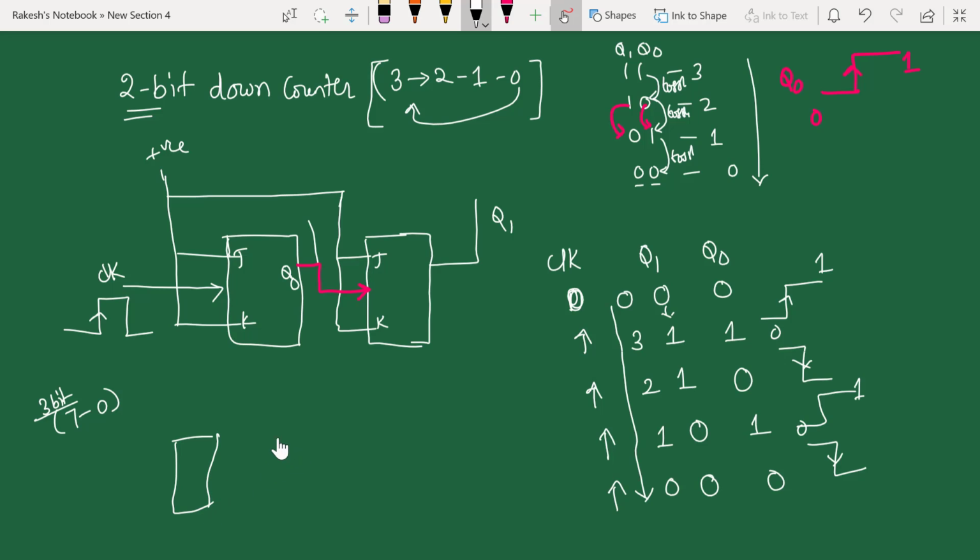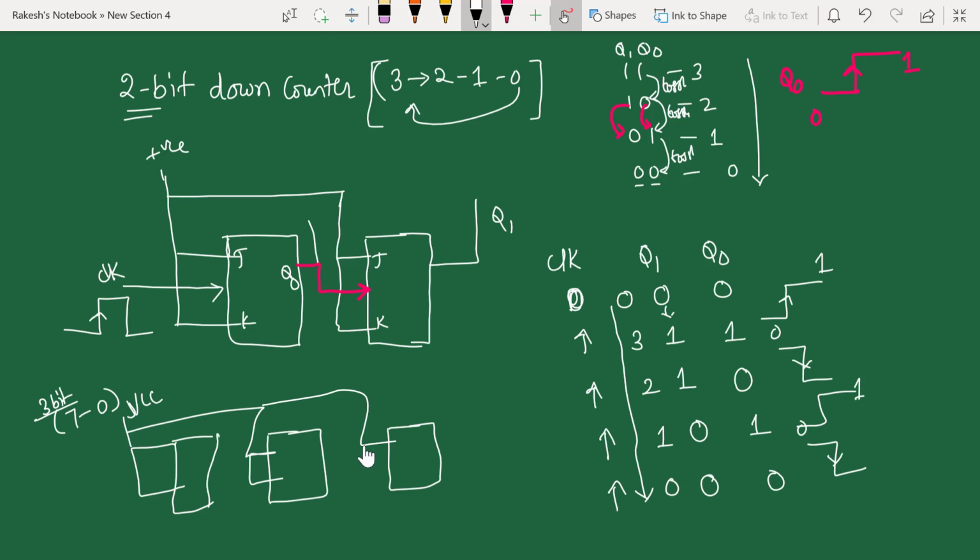Your 3 flip-flops will be taken for 3 bits. So as usual your J and K will be 1 1, or VCC. Same thing here, same thing.